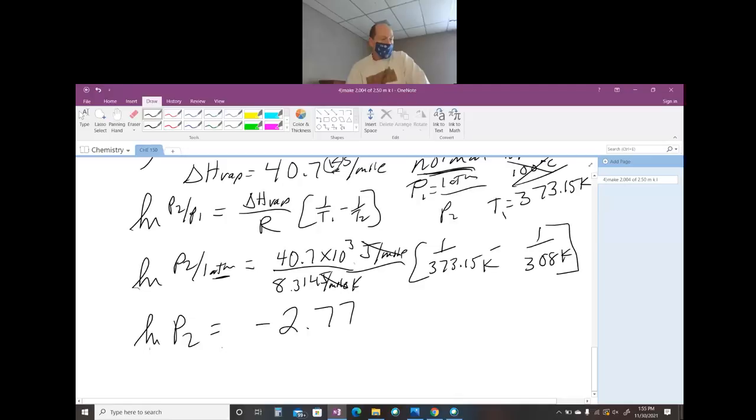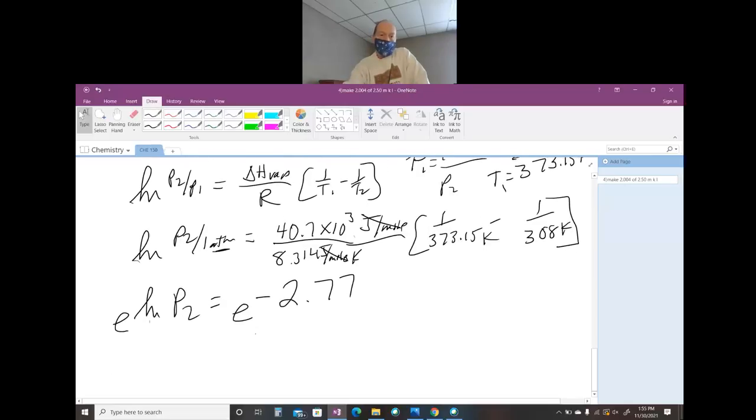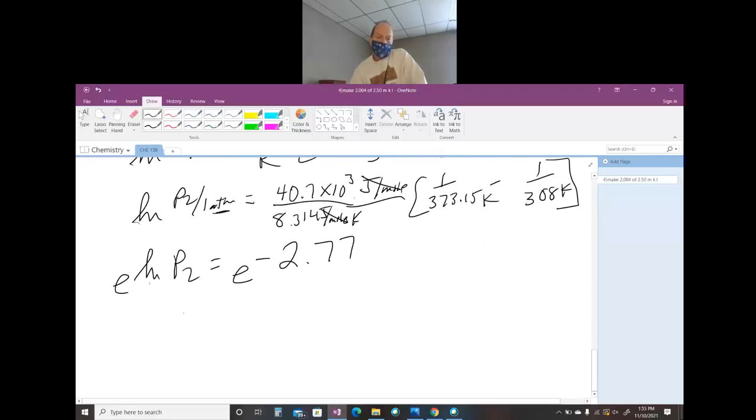All right, and so then to get rid of the ln, you got to push your e to the x button on your calculator. ln is the natural log, so that is base e. You have to push your e to the x button. E to the ln, that just goes away. You got P2, e to the negative 2.77.